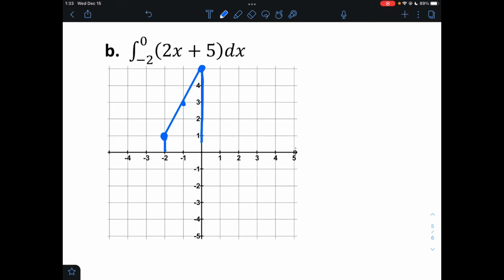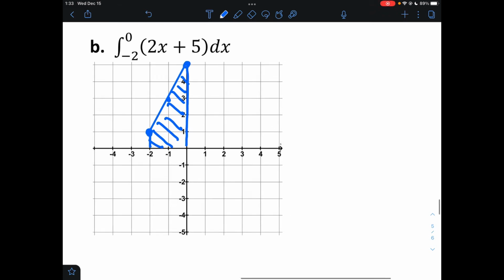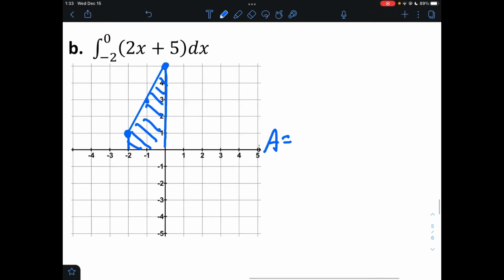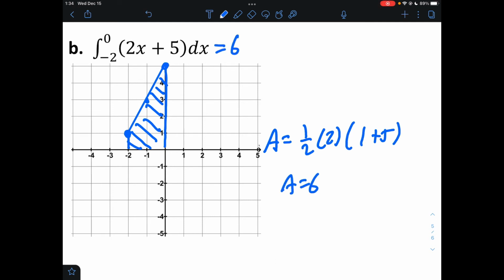So we're trying to find this area right here, which is just a trapezoid. So our area would be 1/2 times the height of the trapezoid, which would be 2, times the bases, which are 1 and 5. And that would just be 6. So our integral would equal 6.